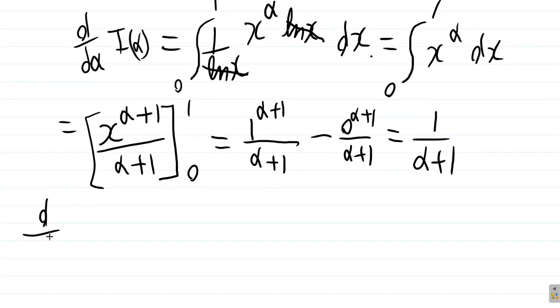So here, the derivative d by d alpha of I of alpha is equal to 1 over alpha plus 1. But then you want to go back from the derivative of I of alpha to just I of alpha.